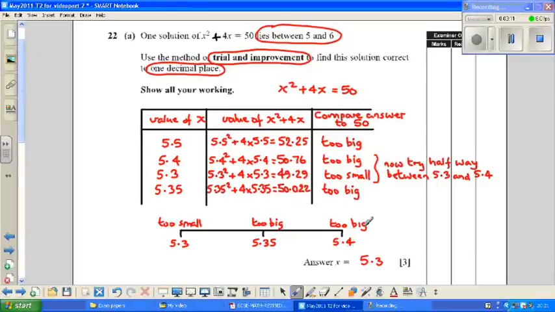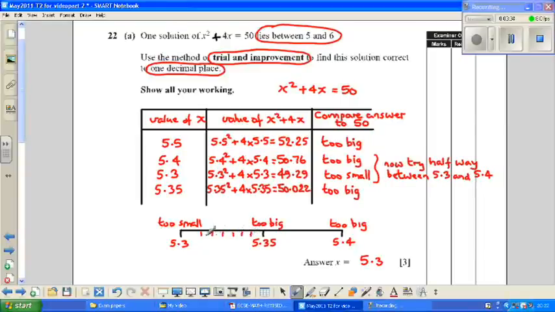So the way we get the last mark here is, if you do a little scale, we've shown that 5.4 gave an answer that was too big. We showed that 5.35 also gave an answer that was too big, and 5.3 gave an answer that was too small. So we know the final answer is somewhere in here.